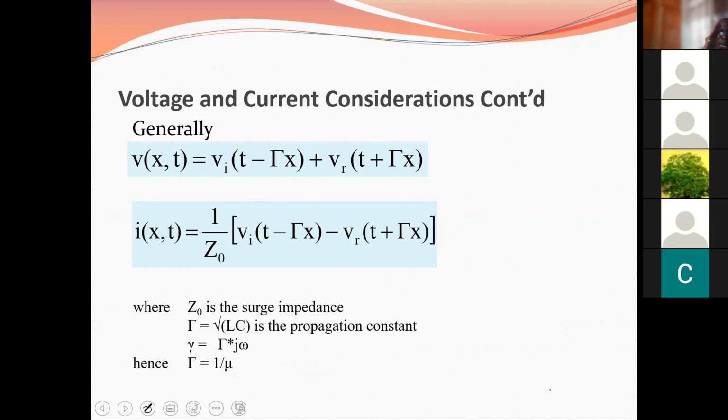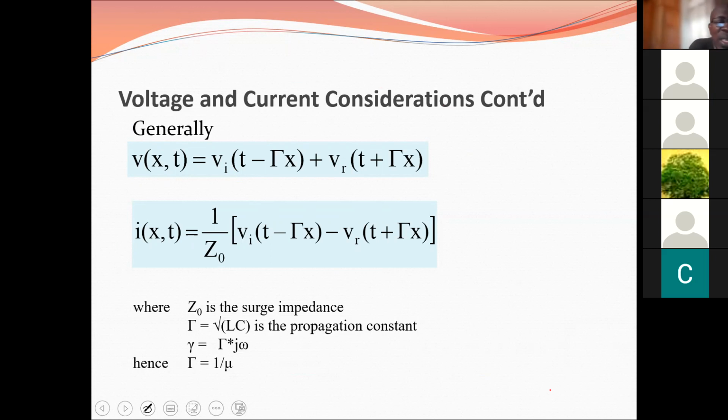And for your current with respect to distance and time, it will be 1 over Z0 times your VI. But again, the negative there represents the direction of travel, or the X in terms of reducing X. All right? For your current.